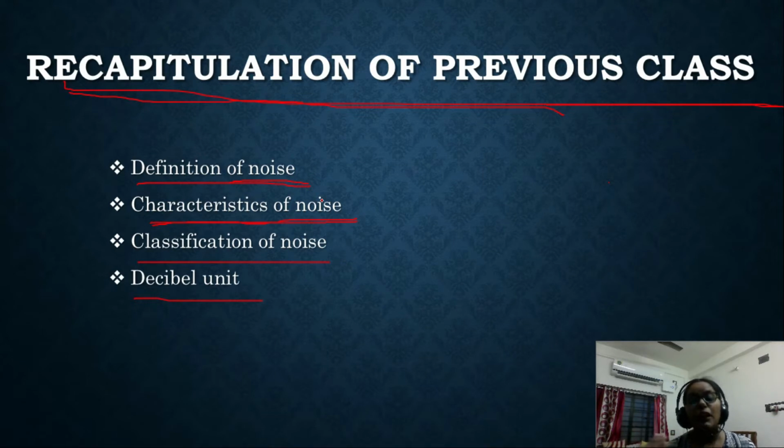But after 100 decibels, the sound becomes pollution. For that we can have headaches and some mental disorder diseases. So these are some of the effects.